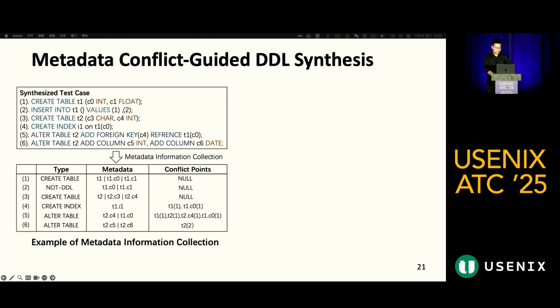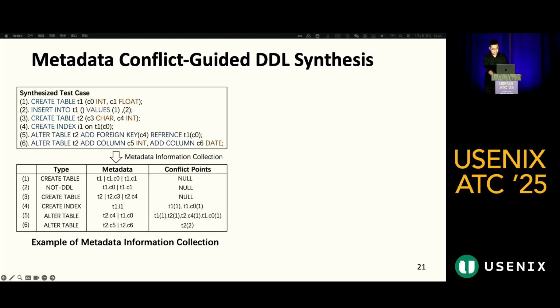In the DDL synthesis part, the approach consists of two steps, named conflict point checking and test case synthesis, which work together to trigger deep behaviors of atomic DDL. Based on our earlier finding, incorporating metadata conflict points into DDL test cases significantly increases the likelihood of exposing ADBs.